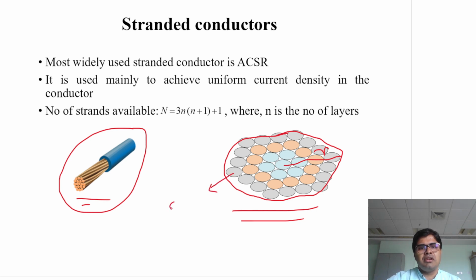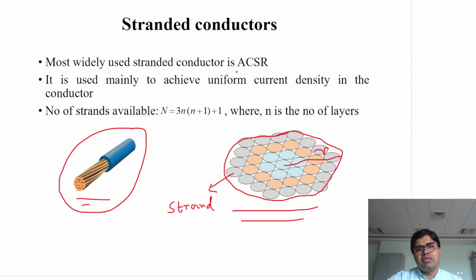That is why it is called a stranded conductor. Each subconductor will be called a strand. Now these n number of strands are running parallelly. They are electrically connected in parallel and they are spiraled like this. Are you getting? They are spiraled like this.